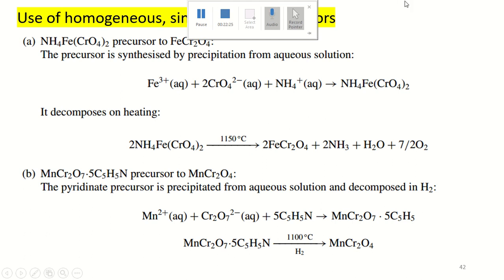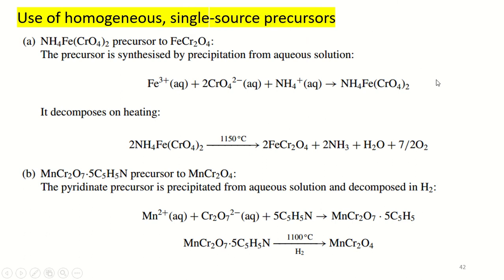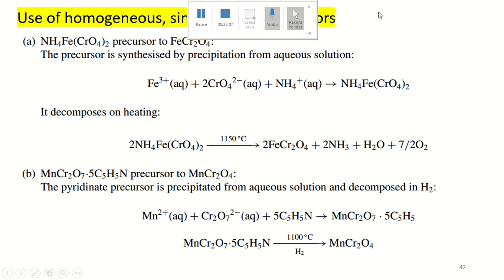Some examples of crystalline precursors which have the desired properties of limited thermal stability and accurately controlled stoichiometry, with cations present in the desired ratio, are as follows. In A, we can see NH4FeCrO4, a precursor to iron chromite, FeCr2O4.